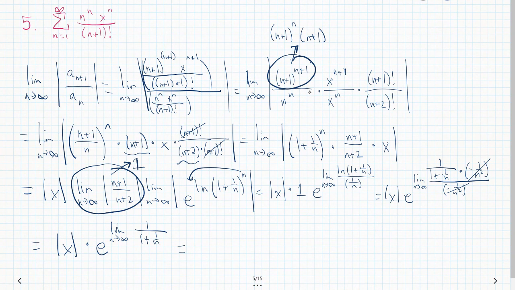And so this whole thing equals, notice this goes to 0. So we get absolute value of x times exactly what we think about beforehand, I'm sure, e.